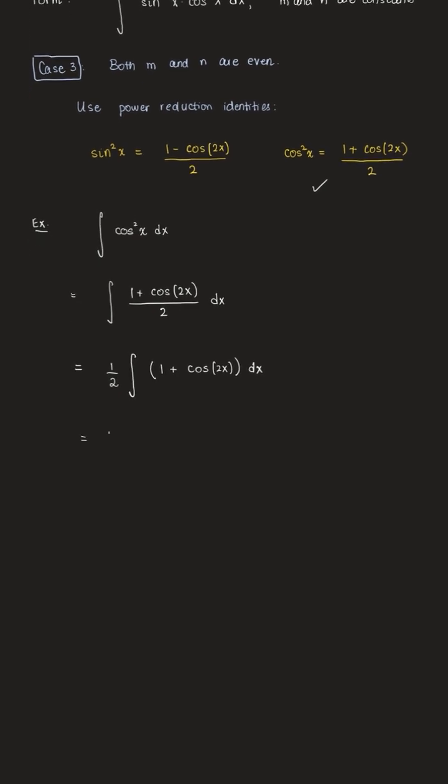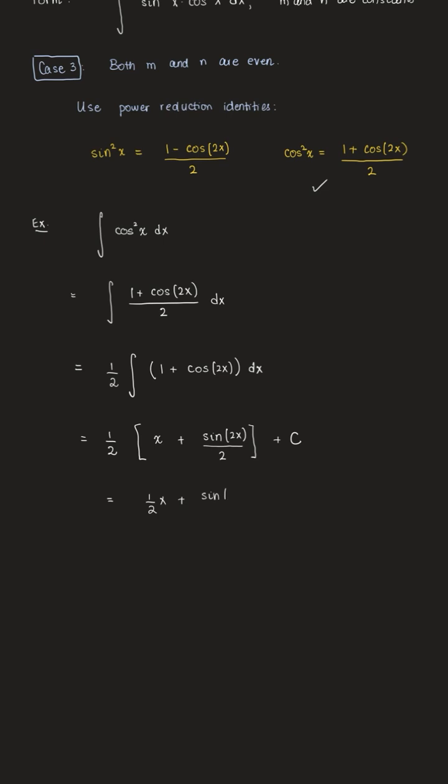So we have a 1/2, and the antiderivative of 1 dx will just be x. And the antiderivative of cosine of 2x is going to be a positive sine of 2x, and since we're undoing the chain rule, we're dividing by 2 instead of multiplying by 2. And then we have plus C. Final step, we can distribute the 1/2, and then we will be done.